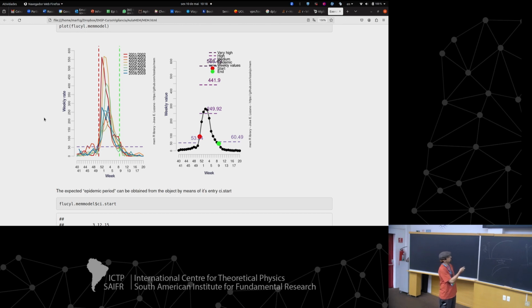The epidemic threshold here, and it draws all of the provided seasons, but again, already shifted in time, okay?